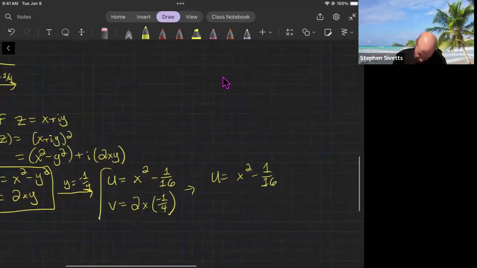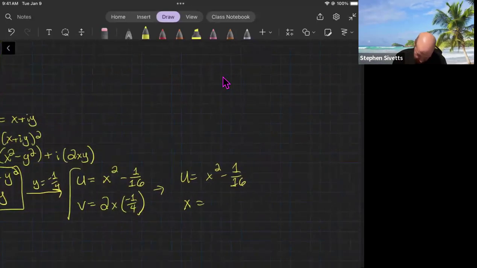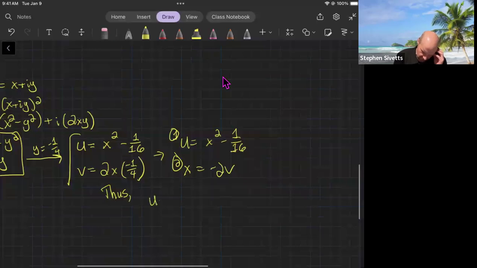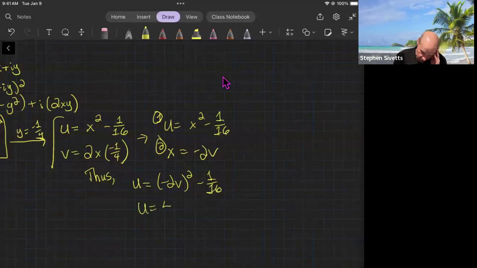We can solve for x in the second equation: x is equal to minus 2v. So we can get an equation for u and v. Thus, u is equal to (-2v) squared minus 1/16, so u is equal to 4v squared minus 1/16.